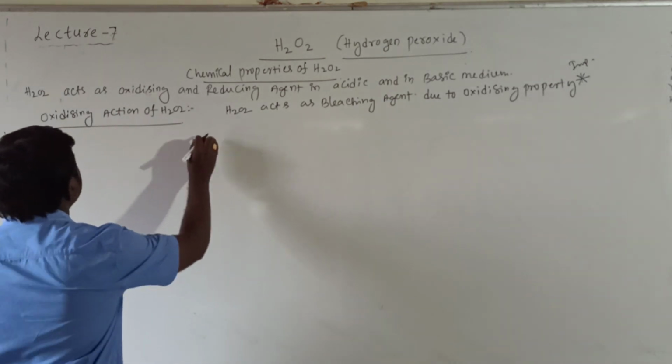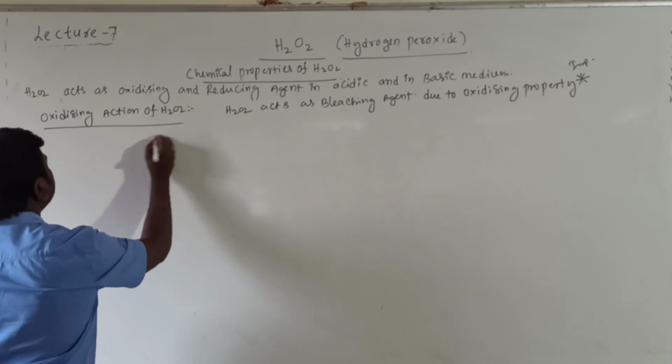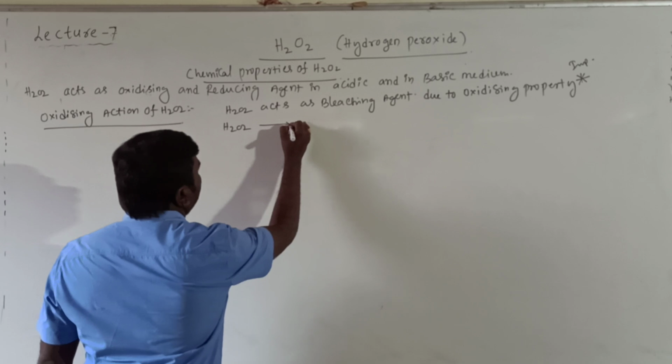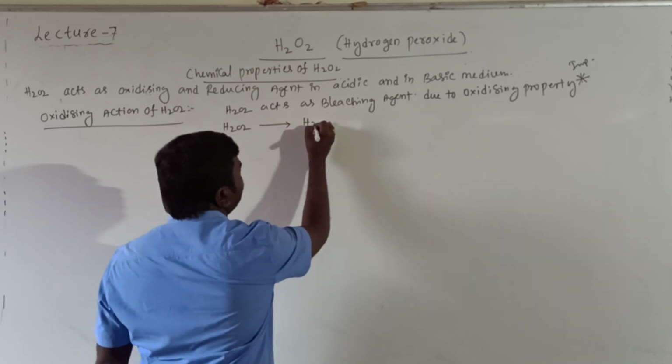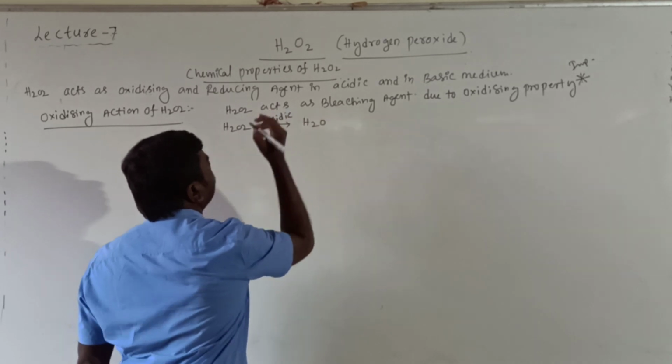So in acidic medium, we study the oxidizing agent first. H2O2 is converted into H2O in acidic medium.